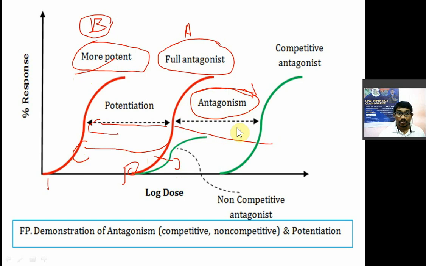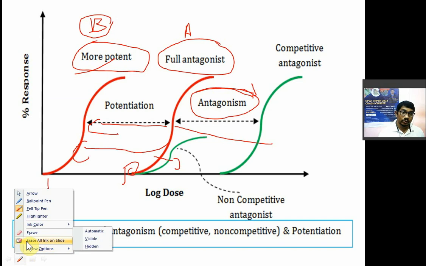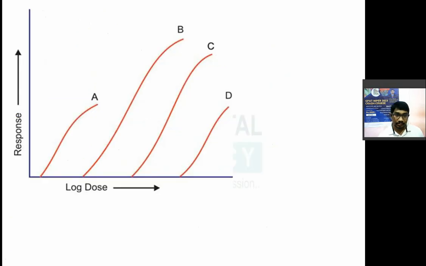ओके, एंटागोनिज्म. तो एक ही ग्राफ है, वहां पे मैंने आपको टर्म्स समझा दी. So very very important. Now you can see there are 4 drugs: drug A, drug B, drug C and drug D. Drug C is agonist.